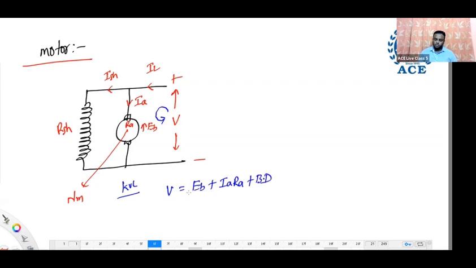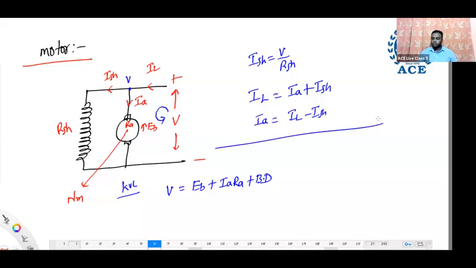Same, just these two interchange. Drops remain the same for generator and motor. And at the node, the same voltage V appears. What is ISH? V by RSH. And if you apply KCL, IL equals IA plus ISH. If you want IA, it is IL minus ISH. Remember these equations.